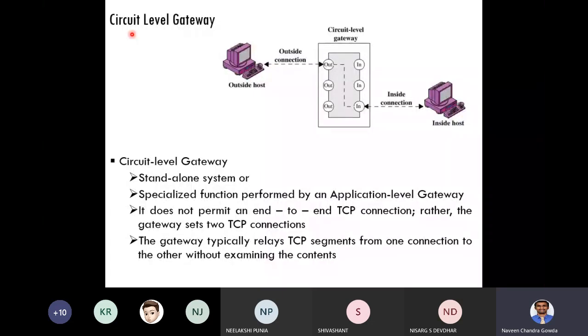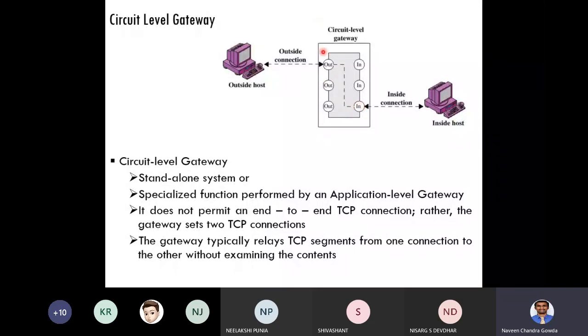Something like a circuit level gateway will be applied as a standalone device or standalone system. It will have a set of outside connections and a set of inside connections, for which you will be applying this circuit level gateway. So this is where you have a classification: from which port you received and to which output port it has to be carried.